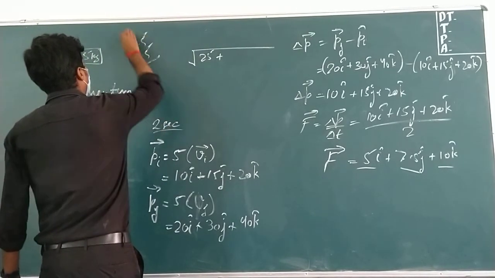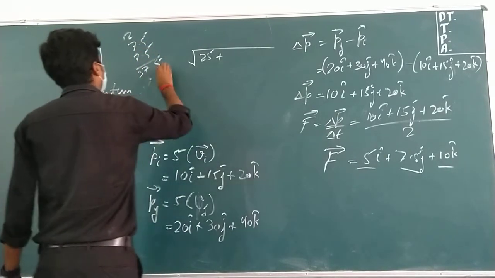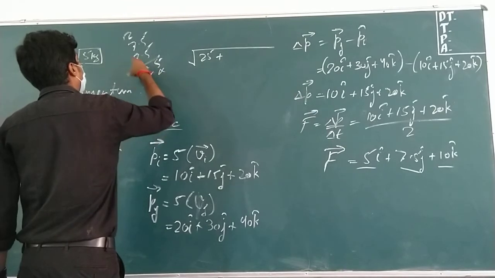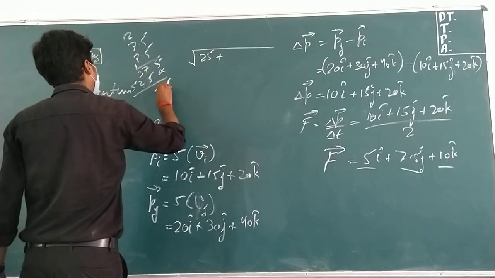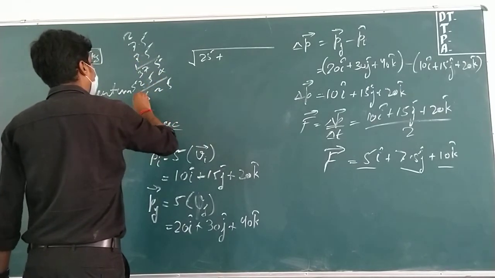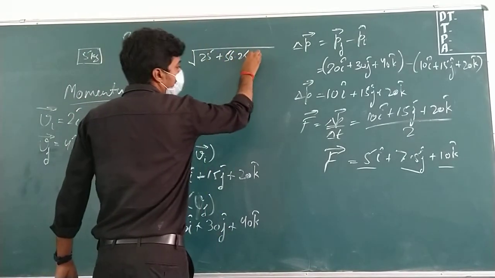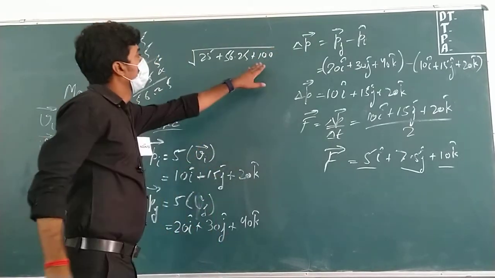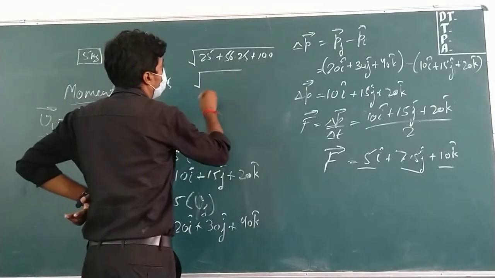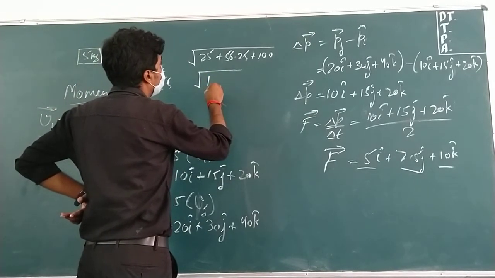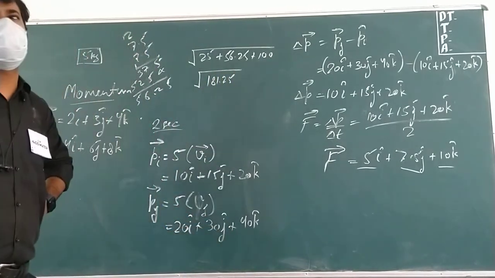Just calculate it: 7.5 squared is 56.25. 56.25 plus 100 plus 25 gives 181.25, which is approximately 13.5.